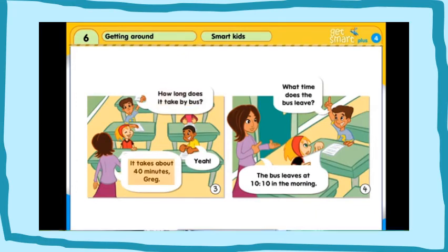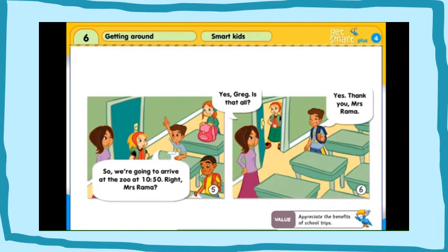It takes about 40 minutes, Greg. What time does the bus leave? The bus leaves at 10:10 in the morning. So we're going to arrive at the zoo at 10:50, right, Mrs. Rama? Yes, Greg. Is that all? Yes. Thank you, Mrs. Rama.